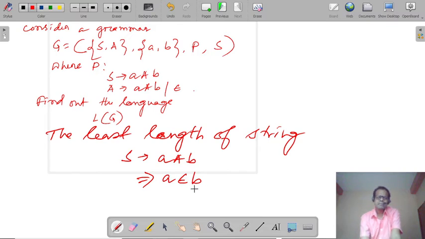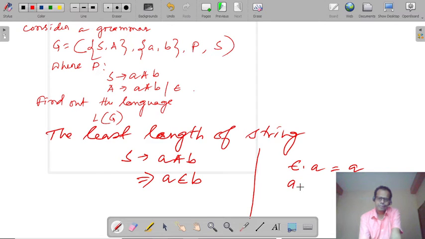So this epsilon is basically a special kind of terminal input which is used to jump from one state to another state in case of automata. Some properties of this special symbol epsilon that we need to know: epsilon concatenated with an input symbol a reduces to a.